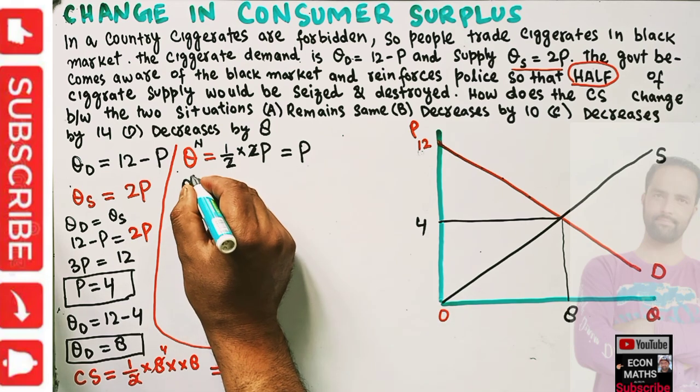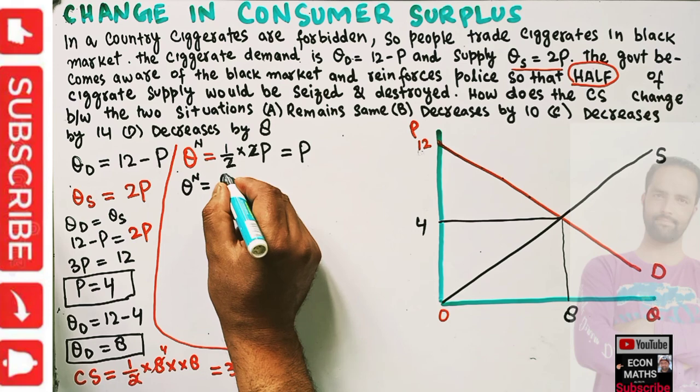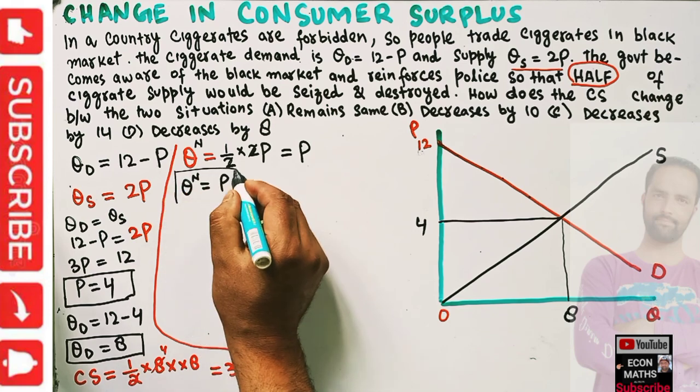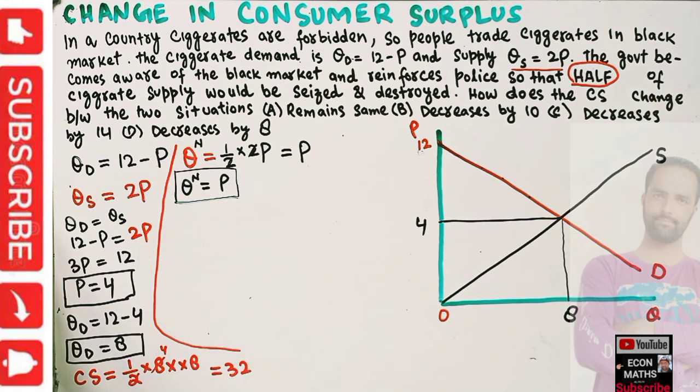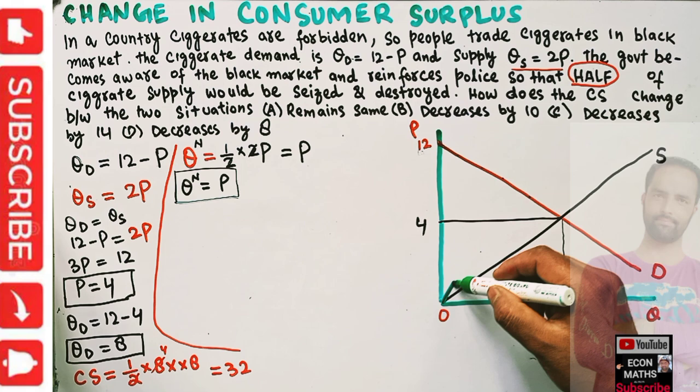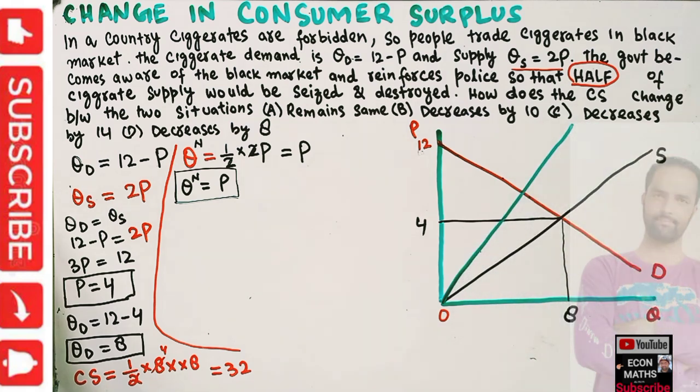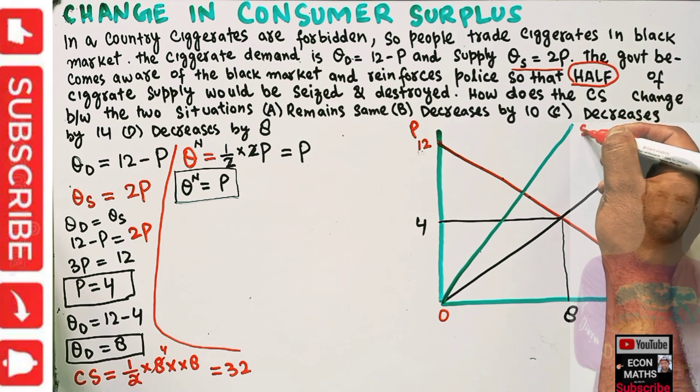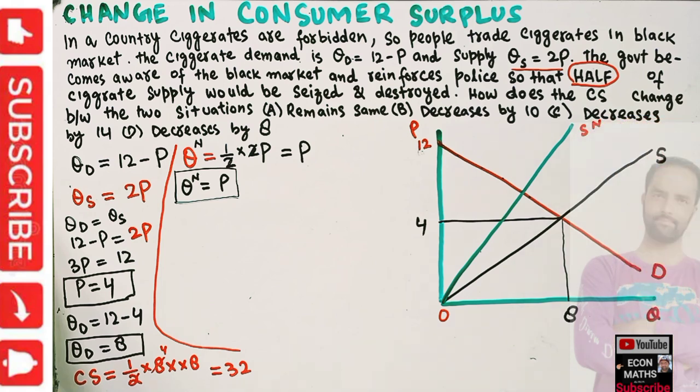Let me write it here, q n is equal to p. So what will be our new supply curve? It will look like this. Its intercept is the same but the slope will be steeper. Let me write here new supply function.